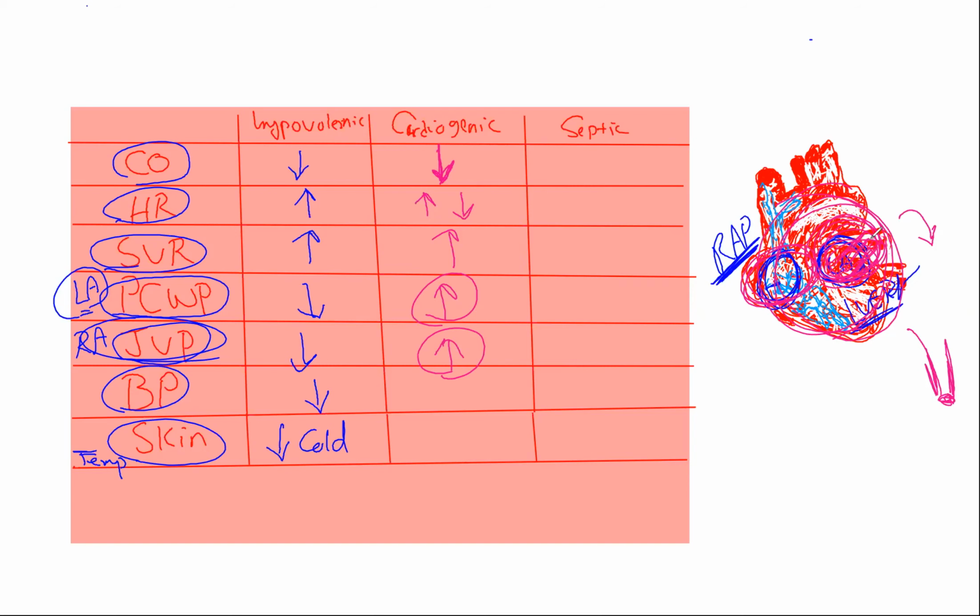So it will be here and here because the blood cannot go out because of the weakness of your heart. So the reflections will be raised JVP, okay, and raised left atrial pressure, because the heart is not able to pump this amount of the blood.